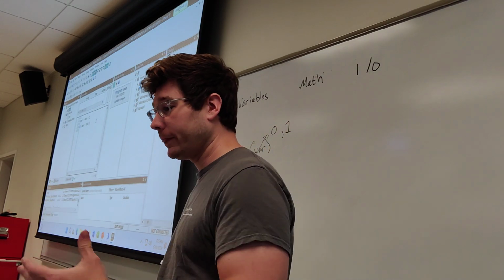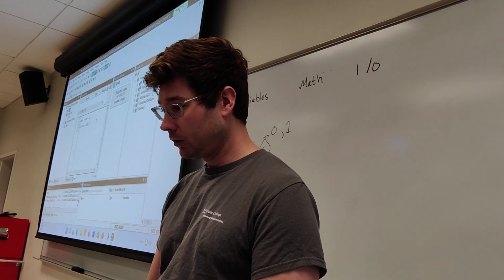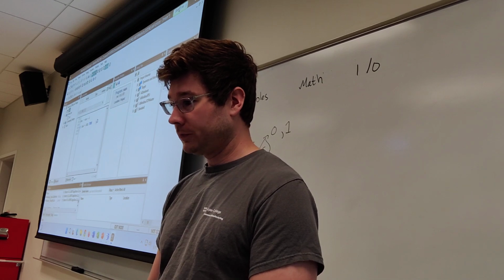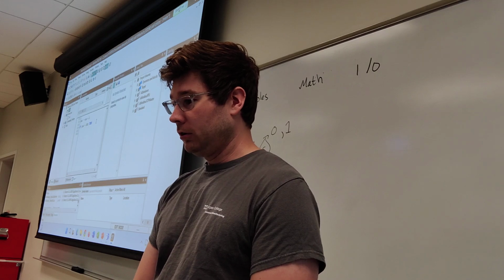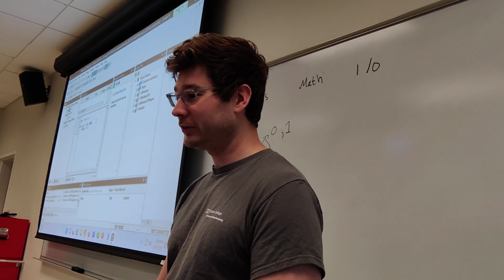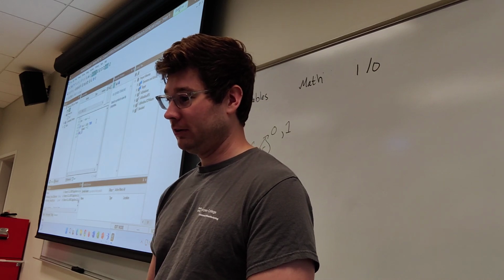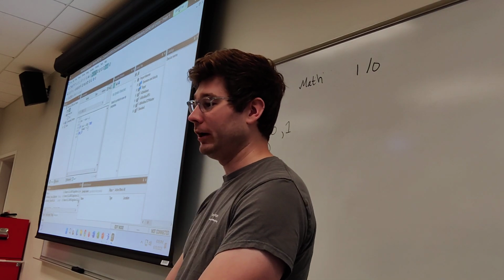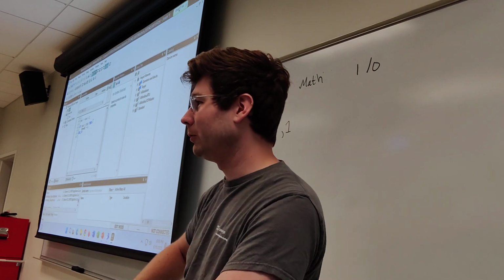But okay, so we're saying if count is equal to 100, then, this should also be capital, then bread equals 1. A little silly, but you understand that bread is attached to my terminal, and if I set that equal to 1, then the output will go high. And if I set that to 0, the output will go low.